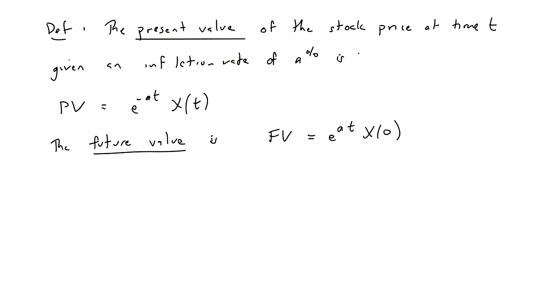The future value of the current stock price is found by multiplying the current stock price by e to the at, given the idea that money now is worth more than the same amount of money you would get in 2 years.